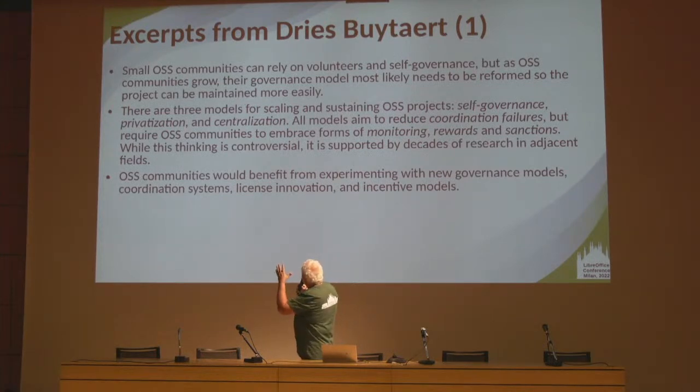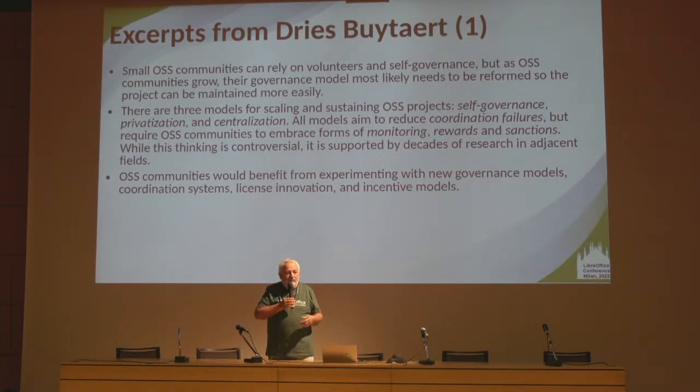So small communities can rely on volunteers, but as the project grows, the governance needs to be reformed so the project can be maintained more easily. So three models: self-governance, privatization, and centralization. Of course, I think the problem is privatization, which is a choice, but it's not open source anymore.